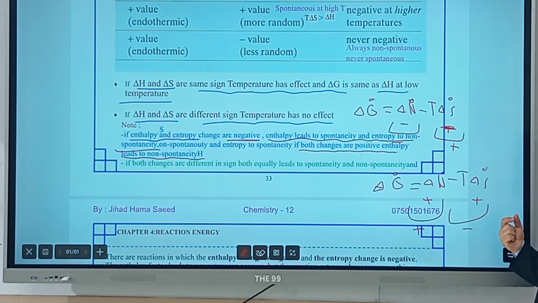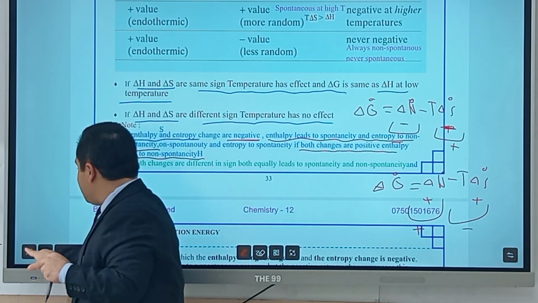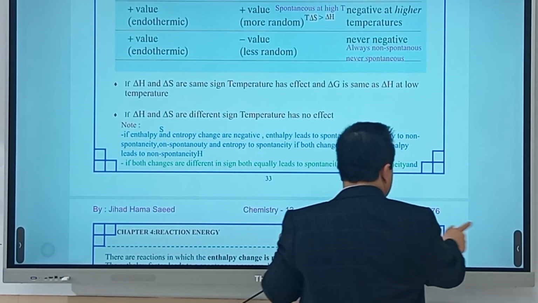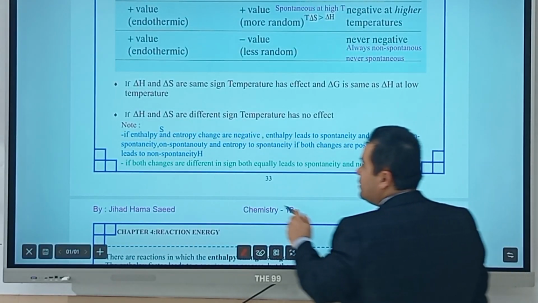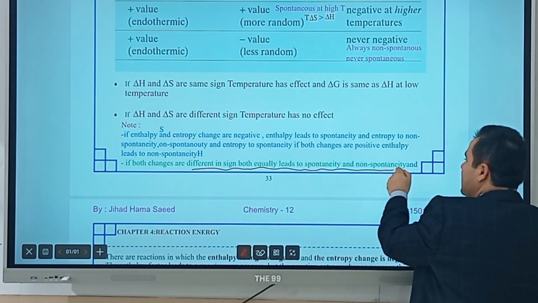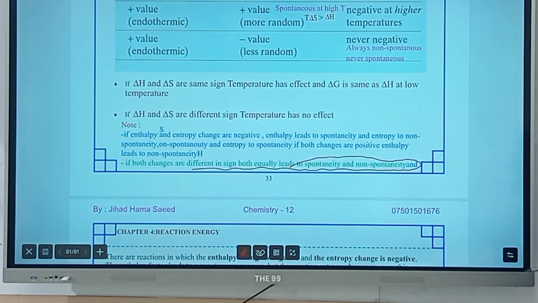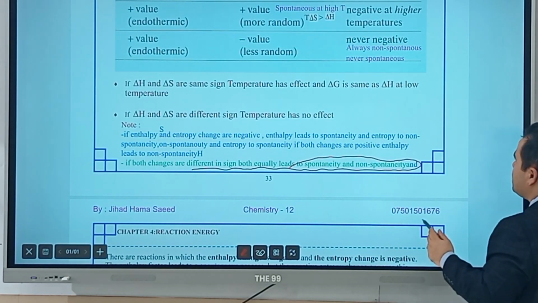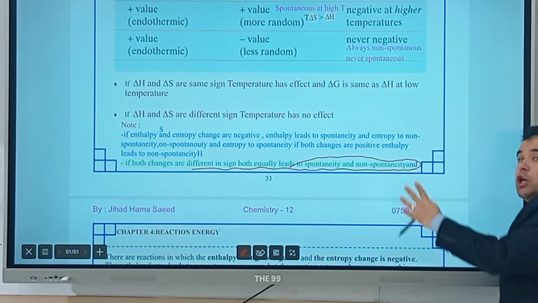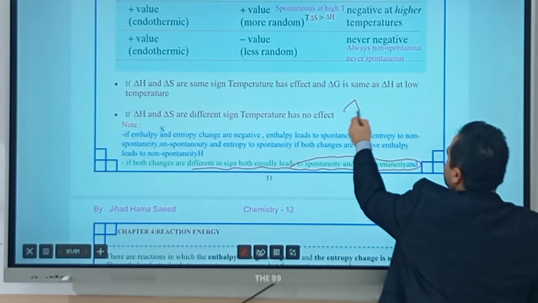Whenever they are both positive, entropy leads to spontaneity, enthalpy leads to non-spontaneity. But guys, if both changes are different in sign, both equally lead to spontaneity or non-spontaneity. So when they have different signs, they both lead to spontaneous together or non-spontaneous together.